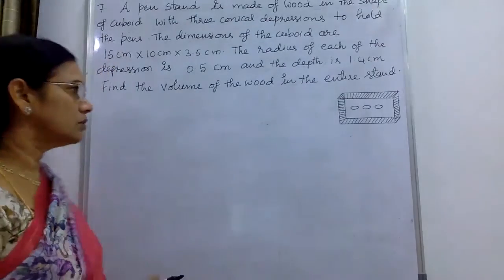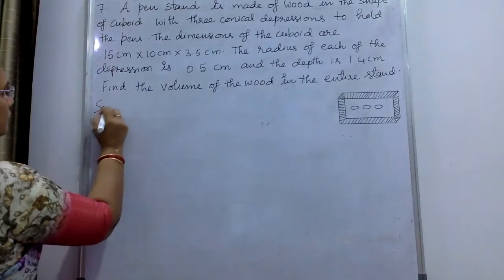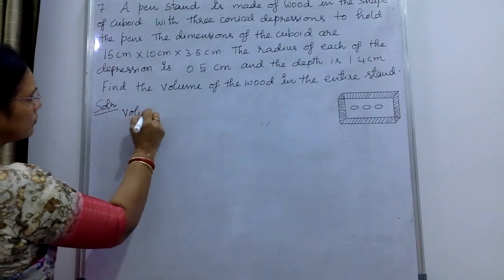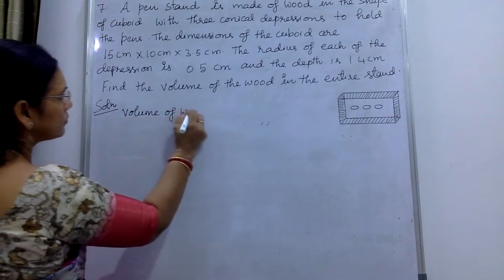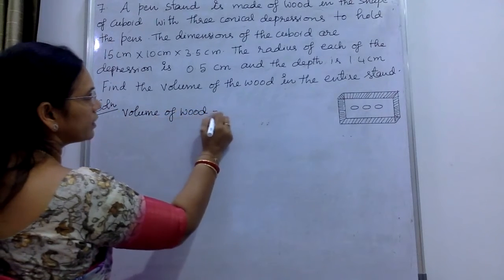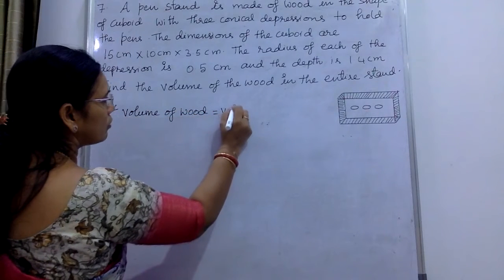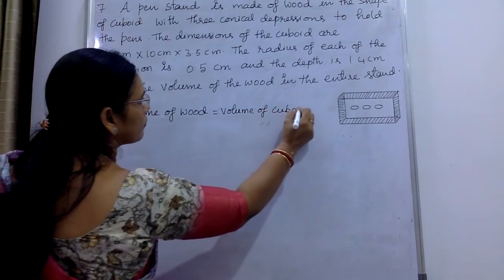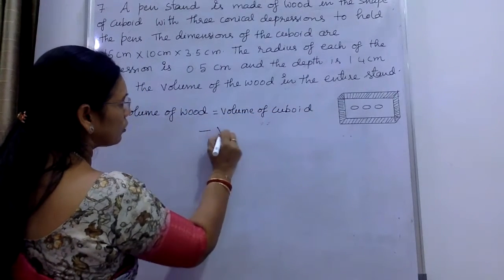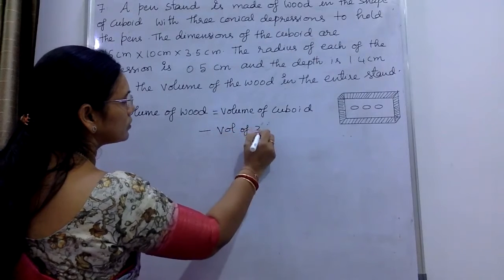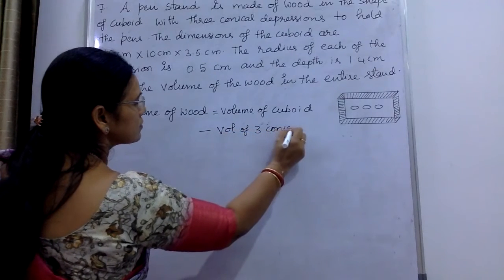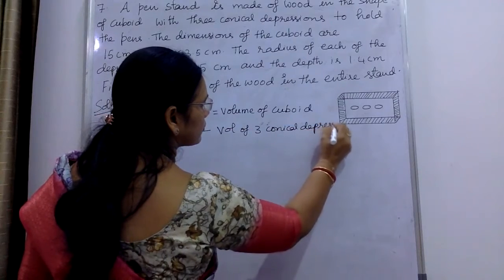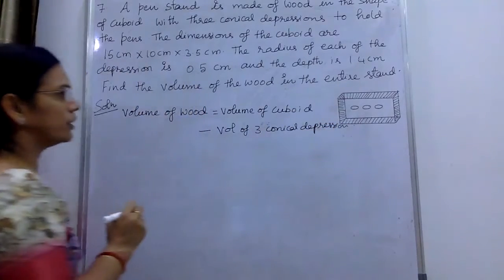Okay, let us solve. To find the volume of wood, we need to find out the volume of the cuboid. Then we need to subtract the volume of 3 conical depressions from the volume of the cuboid.